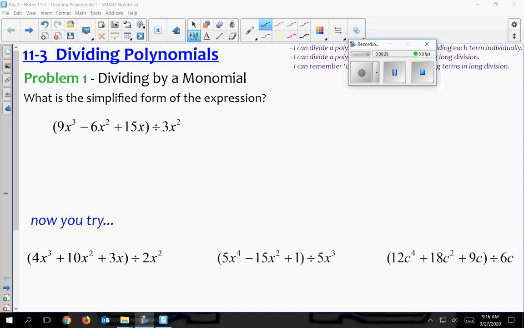First off, when we're dividing polynomials, you need to make sure that whatever power is the biggest, you always have to go all the way down to 1. So sometimes if I was missing this negative 6x squared, I have to do a placeholder and put in 0x squared if I didn't have something to the second power.